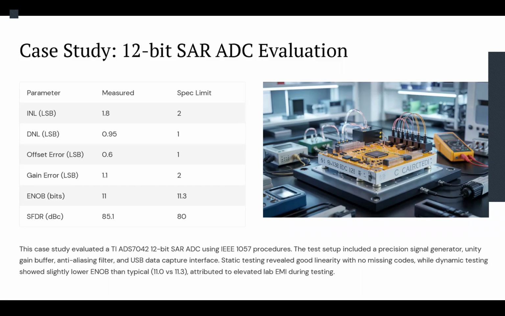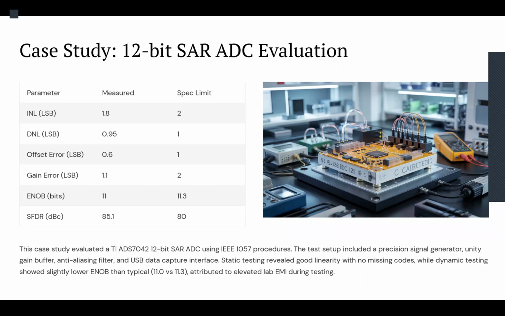The offset error shows whether the whole output is shifted up or down. So we have 0.6 LSB, meaning it's shifted up, but the pass limit is 1, so we are okay. We don't miss any code.